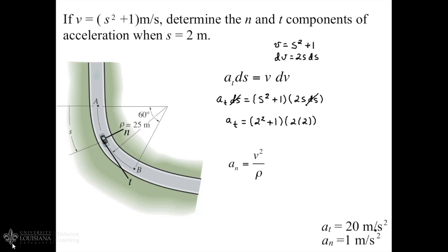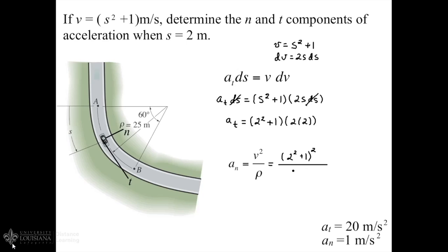Now we'll find a sub n. And to do that, we'll simply take our v as a function of s and evaluate it at the position s equaling 2 meters. So therefore we have this being 2 squared plus 1, and of course we want to square all this.